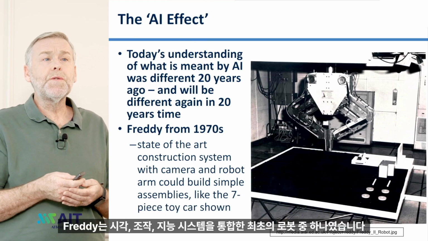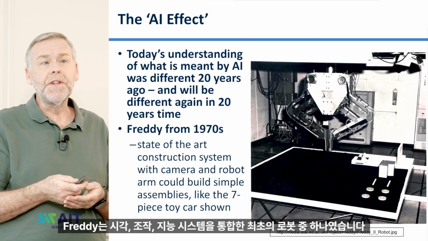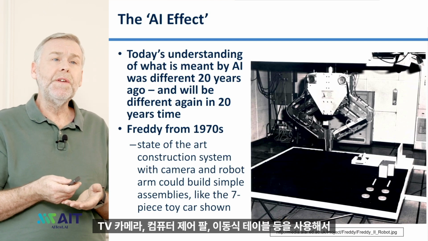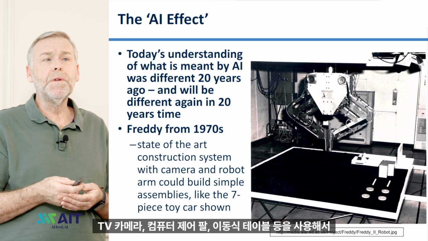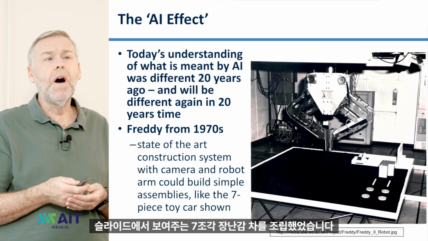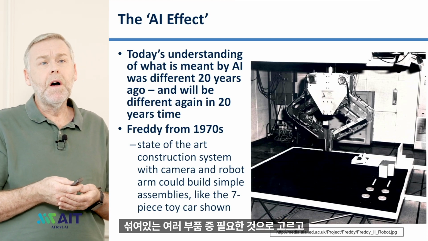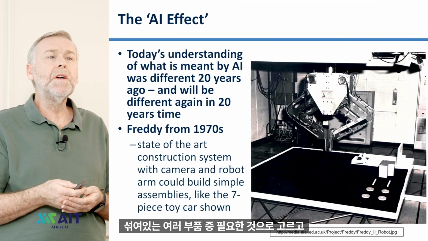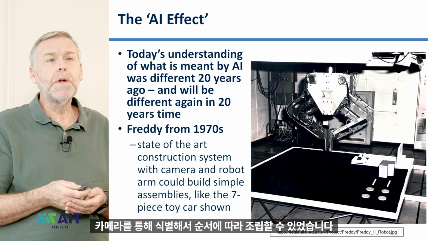Freddy was one of the earliest robots to integrate vision, manipulation, and intelligent systems, using a TV camera, computer-controlled arm, and moving table to make simple assemblies, such as the 7-piece toy car shown on the slide. It could separate parts in a pile, recognize the parts using the camera, and then assemble them into the required assembly.